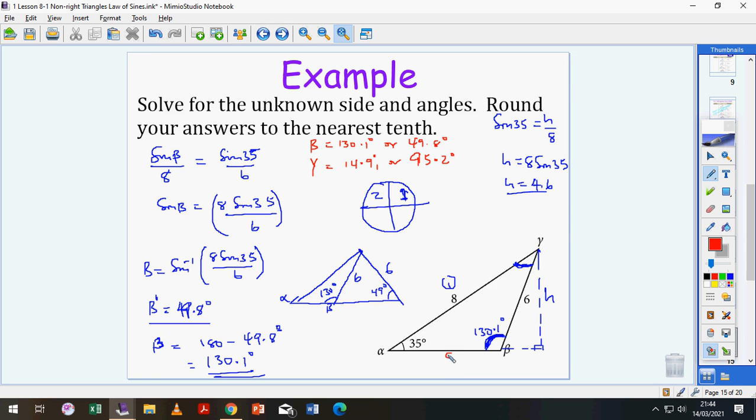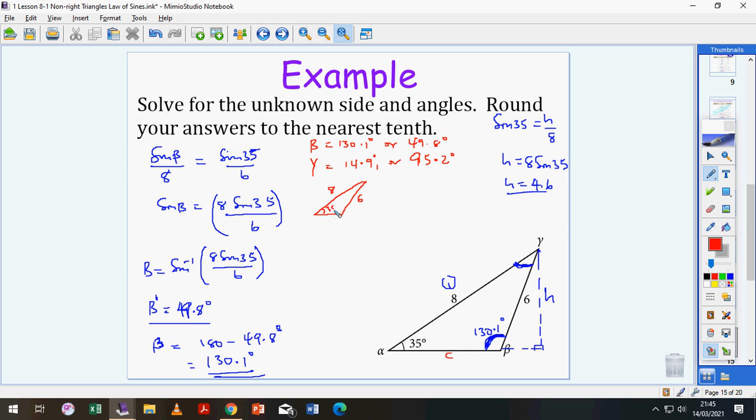So what you need to do, I'm just going to show you. It helps if you draw out the two triangles. If you draw out the two triangles, the one triangle has 6 here, 8 there, 35 there, and then you have this angle, as in the first triangle, that angle is 14.9.